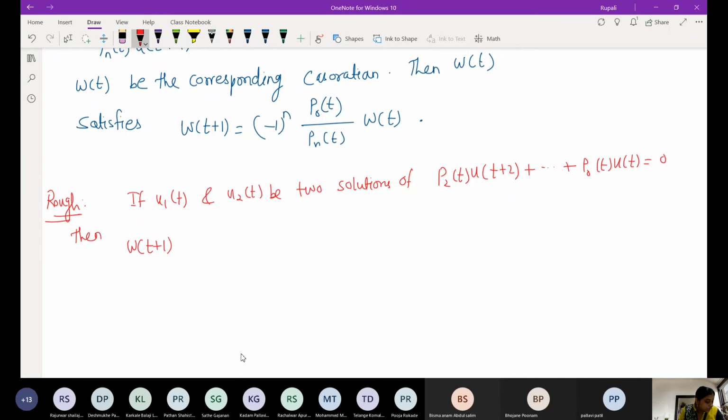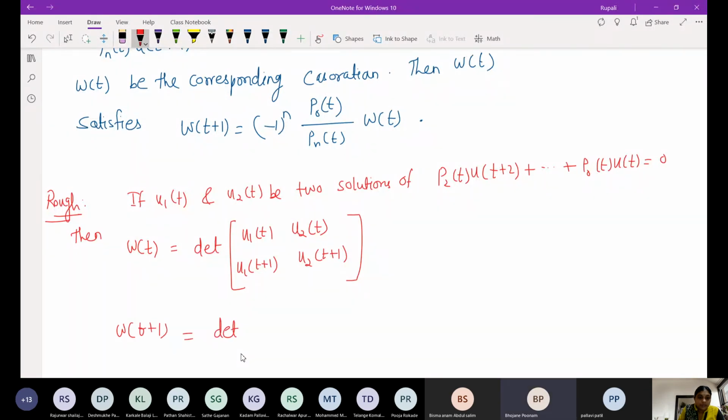First, what is W(t)? It is the determinant of the matrix with rows u1(t), u2(t) and u1(t+1), u2(t+1).